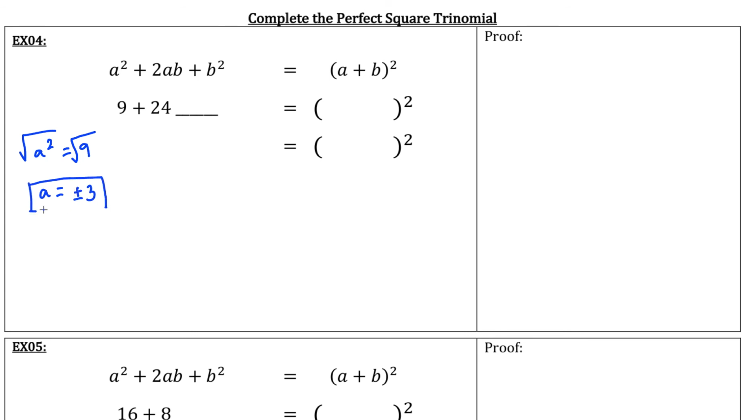Okay, cool, not bad. So we know that a is positive or negative 3. So we know that this can be positive 3 or it can be negative 3, right?